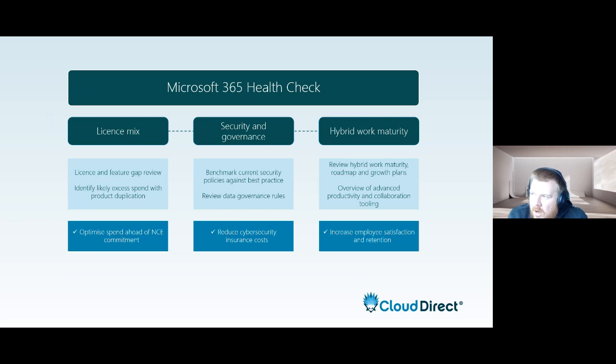We realize the two aren't always in tandem, so Microsoft best practice doesn't always fit operationally, but we can take that into consideration, and we can review your data governance as well to make sure you're protected from that front. And we can review your hybrid work maturity and your roadmap, and just make sure that the productivity and collaboration tools that are within the M365 stack are in use within the organization, and then you've got a clear way of going through those.